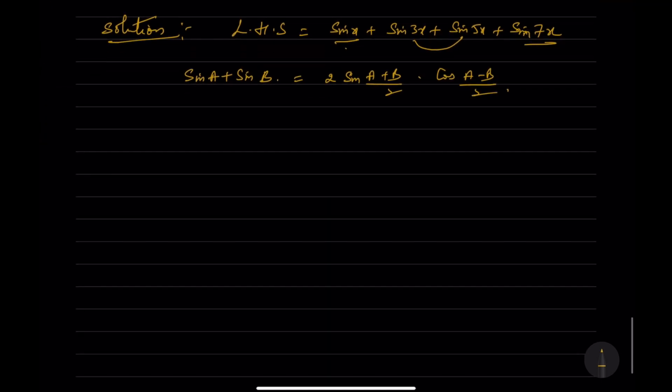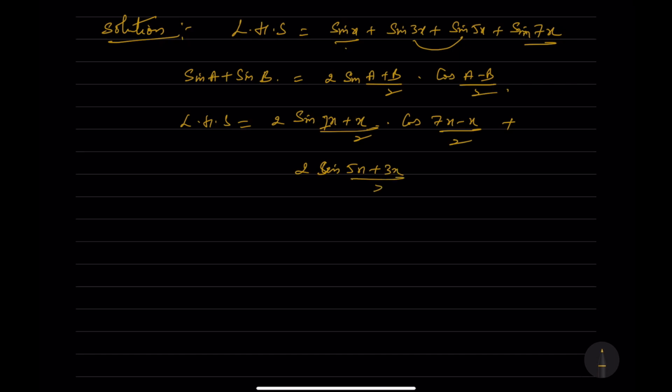So LHS is equal to 2 sin x plus 7x by 2 into cos 7x minus x by 2, here we'll take a as 7x, and 2 into sin 7x plus x by 2 into cos 7x minus x by 2 plus 2 into sin 5x plus 3x by 2 into cos 5x minus 3x by 2.